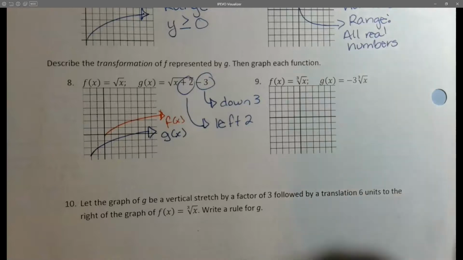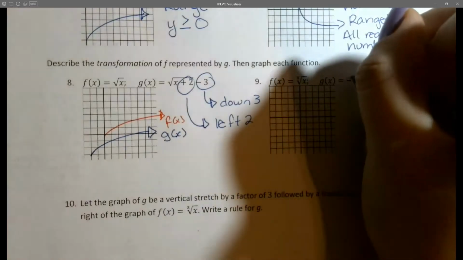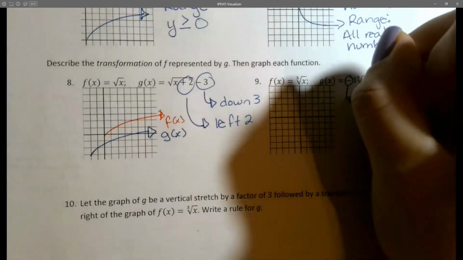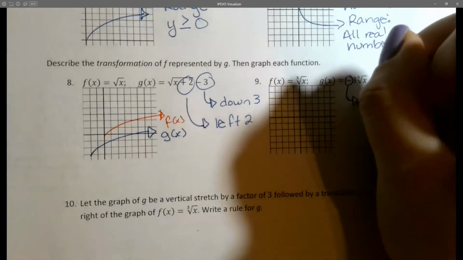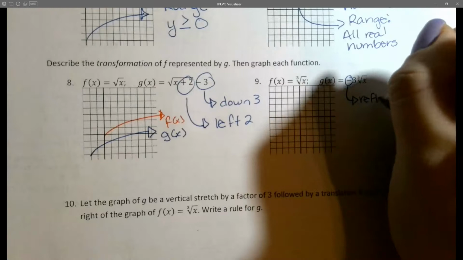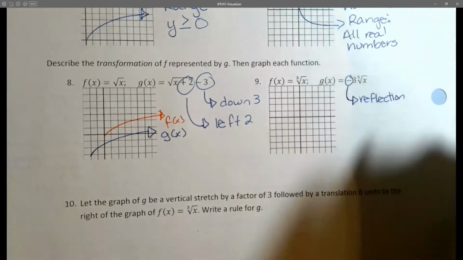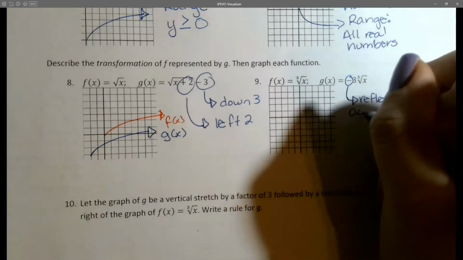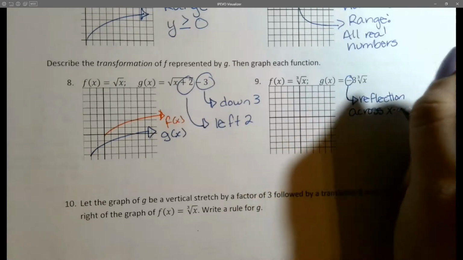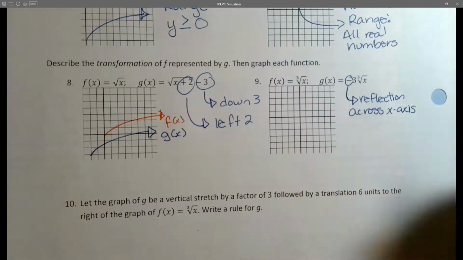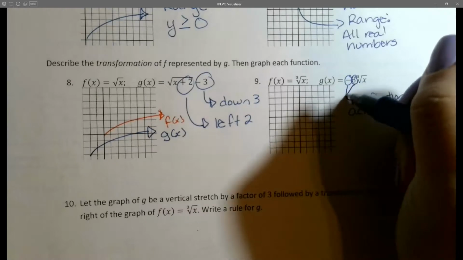Okay. Over here on number 9, I have a negative on the outside, so this is reflecting on the x-axis. And the 3 is a vertical stretch of 3.